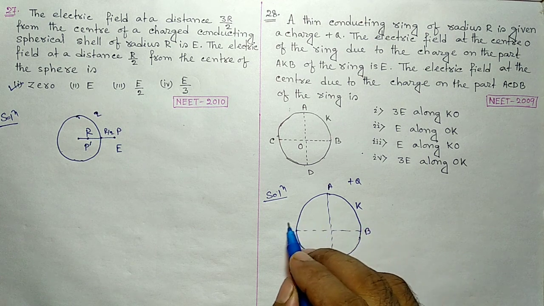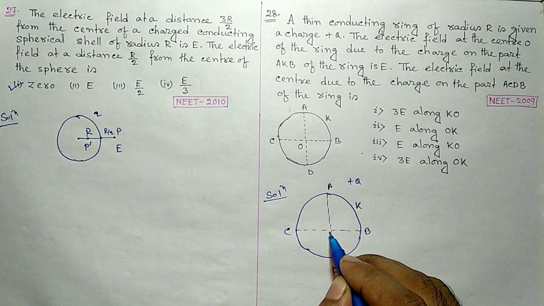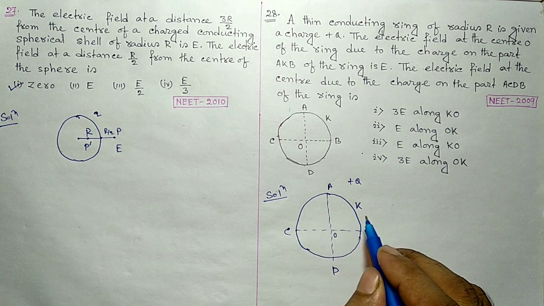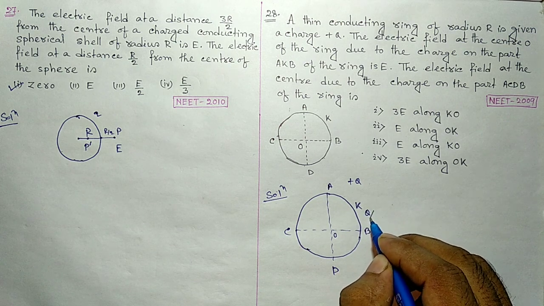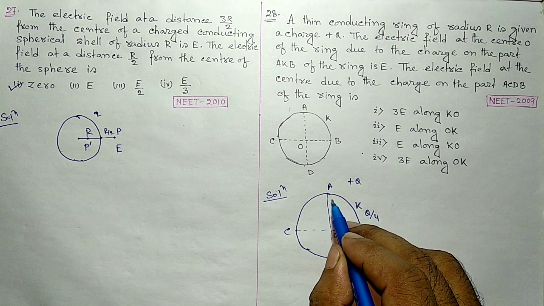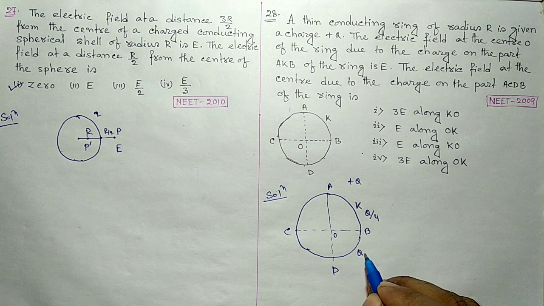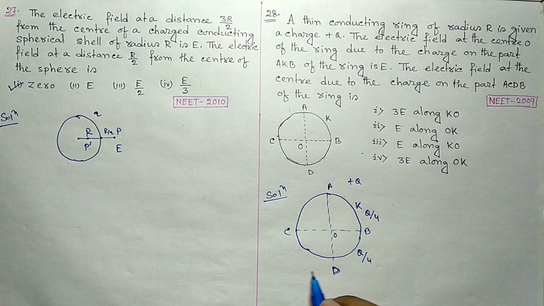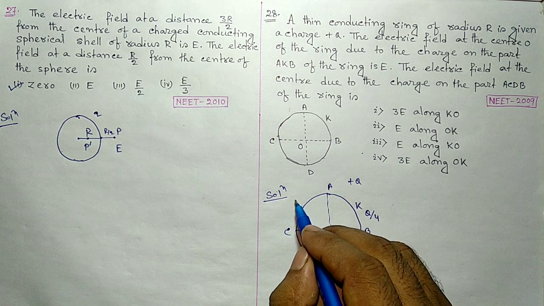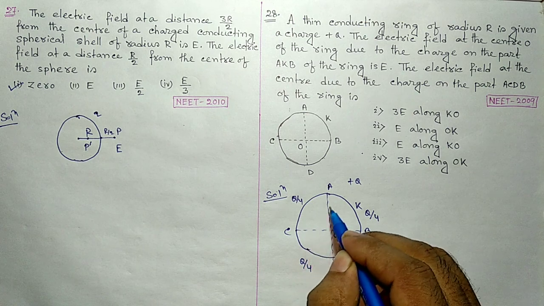So it has 4 parts. So we can consider Q by 4 is over AB, Q by 4 is again over BD, and again Q by 4 is over CD, and Q by 4 again over AC.